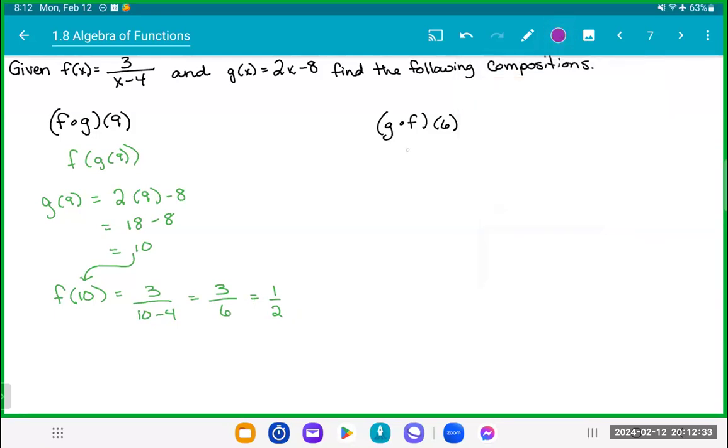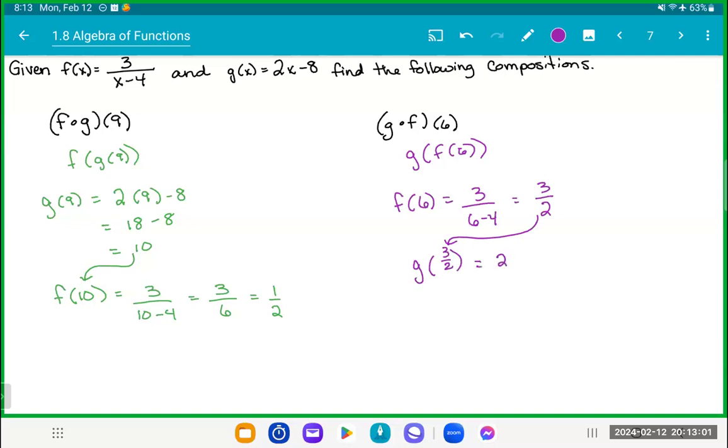So for this other one, we're looking at g of f of 6. Okay? First, let's determine what f of 6 is. f of 6 is 3 divided by 6 minus 4, and that is 3 over 2. So now we want to evaluate g of 3 over 2, because we're just plugging that into our function here.